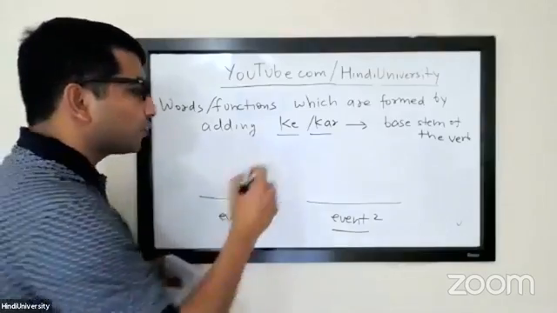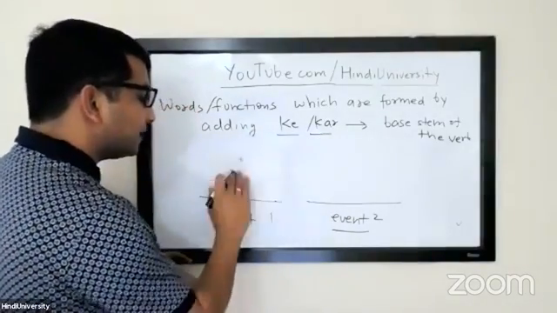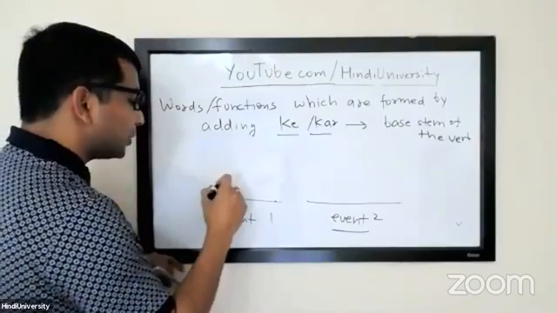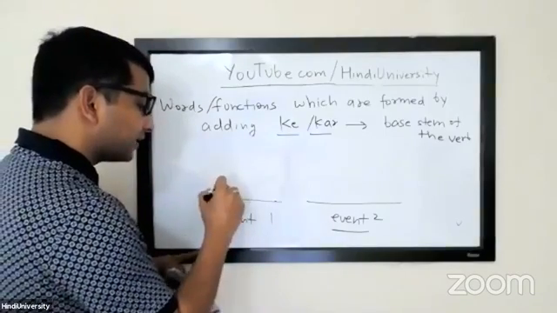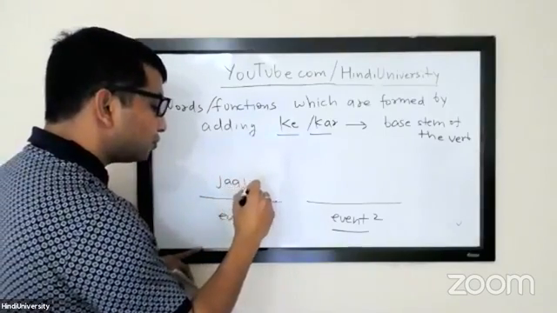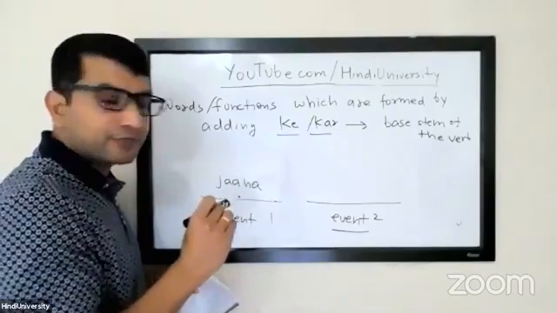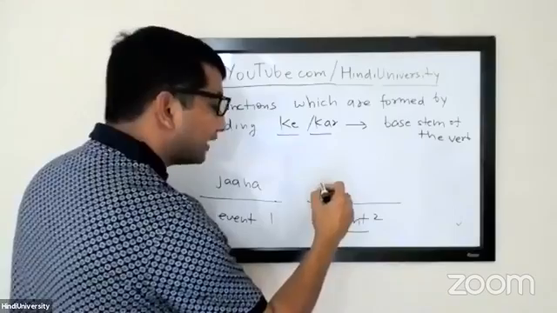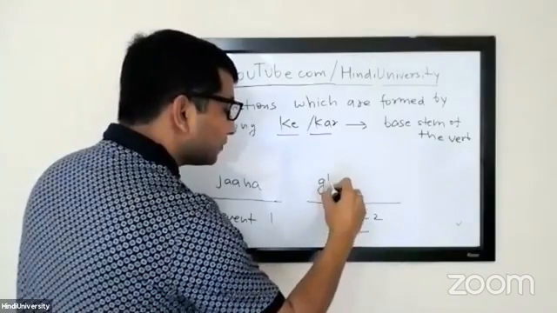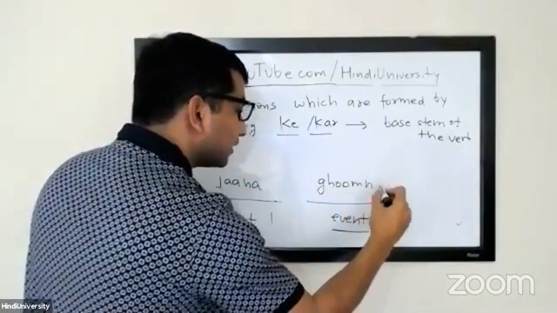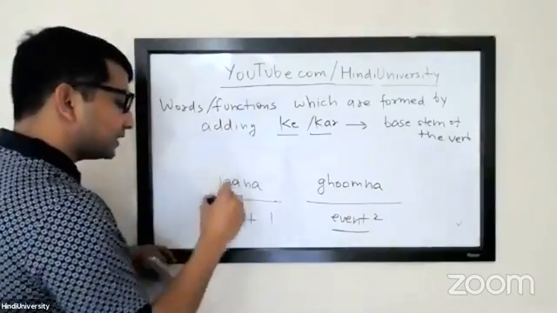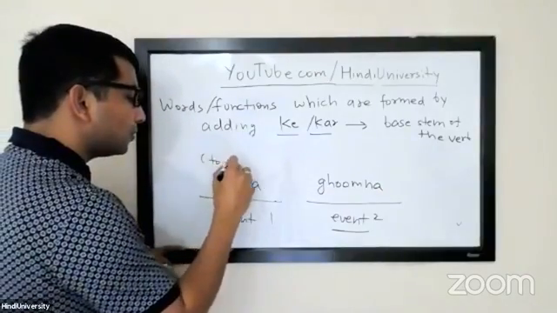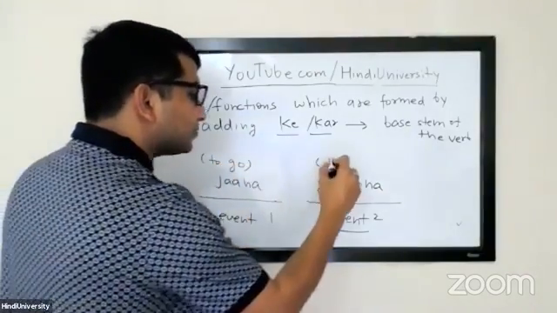How do you know the first verb? You want to go to India, and that is to go, jana. The second verb is like, मैं India जाकर घूमूंगा, to travel. So the verb there is घूमना.